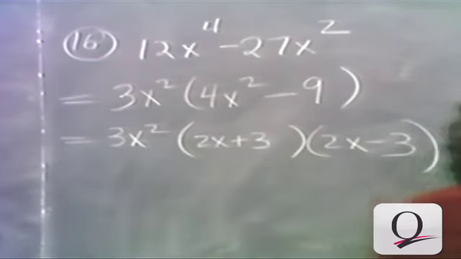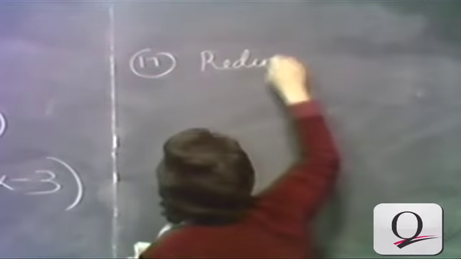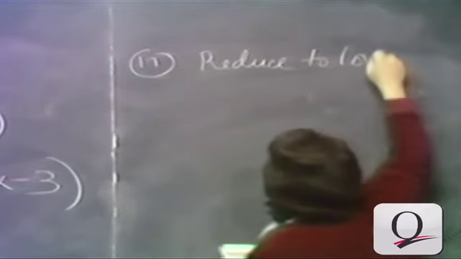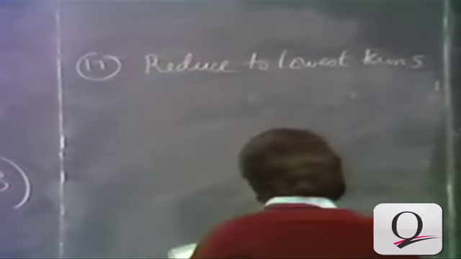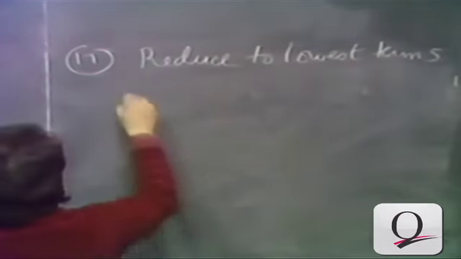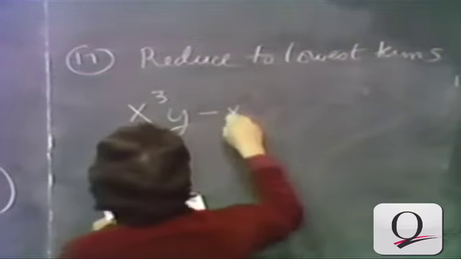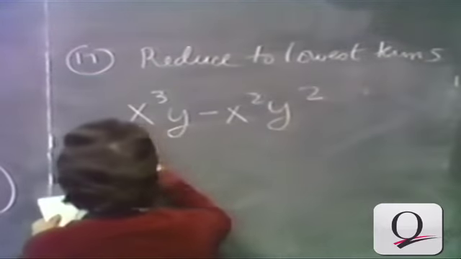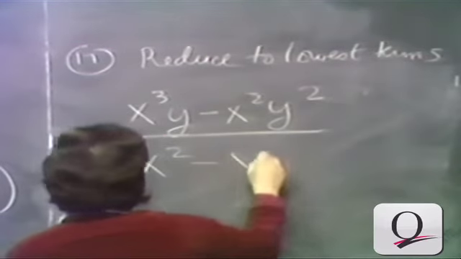And the last example on this videotape: reduce the following fraction to lowest terms by eliminating the common factors from the numerator and the denominator. x cubed y minus x squared y squared all over x squared minus xy.